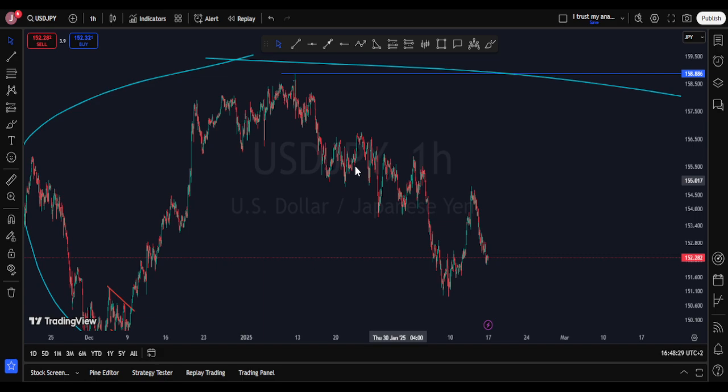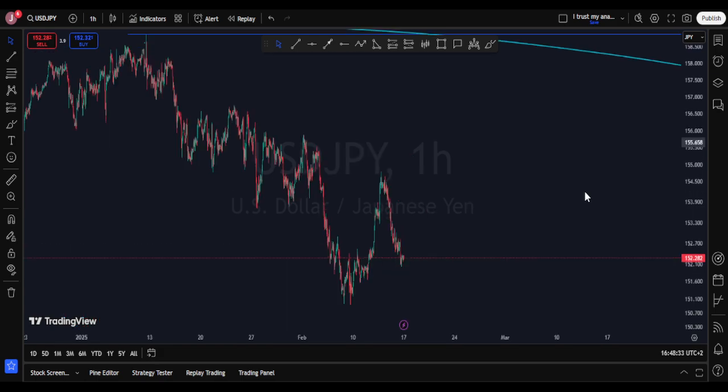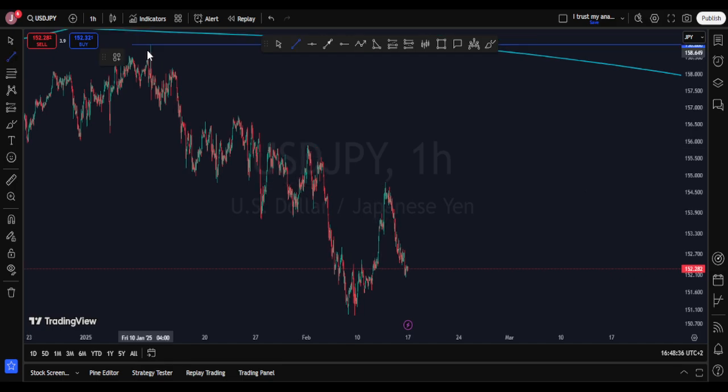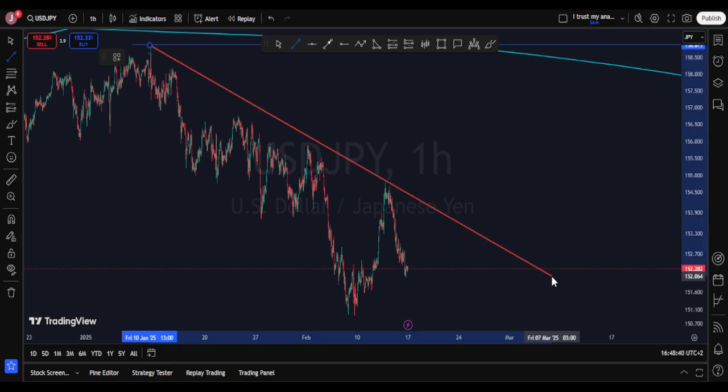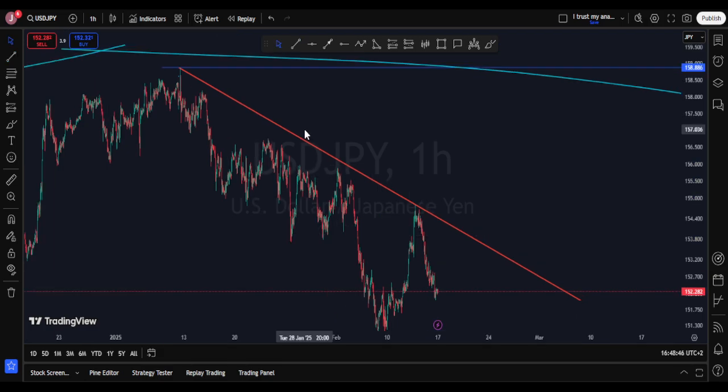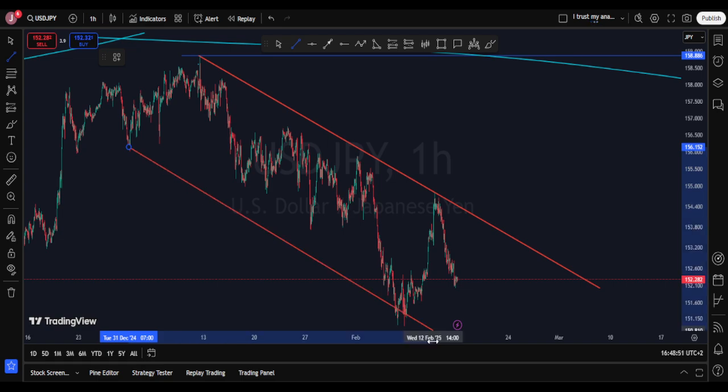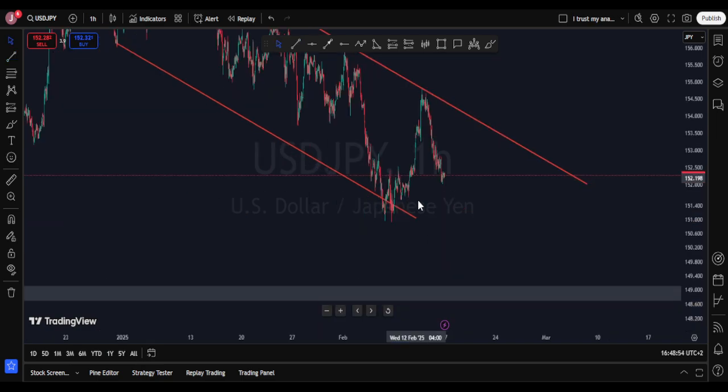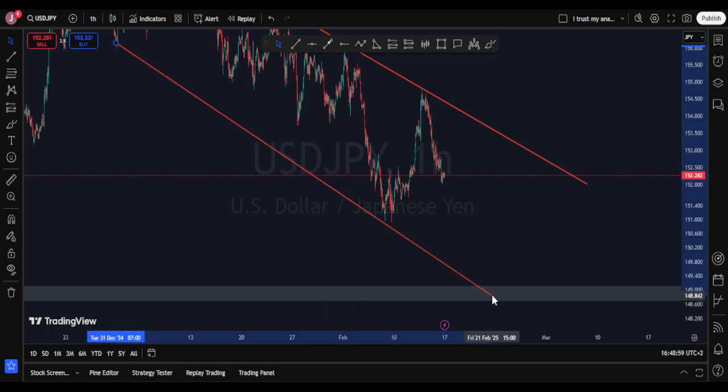Right now, I do see a nice descending pattern, which still confirms the move to the downside that we are anticipating. This is a descending pattern, ladies and gentlemen. And once this pattern completes, we are looking for the buys as anticipated.